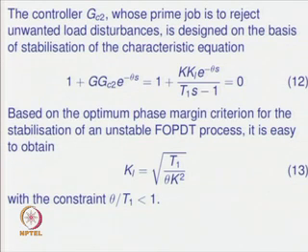Again, express this in the frequency domain, and then you can find the phase angle of the whole function 1 plus K L e to the power minus j omega theta upon j omega T1 minus 1.